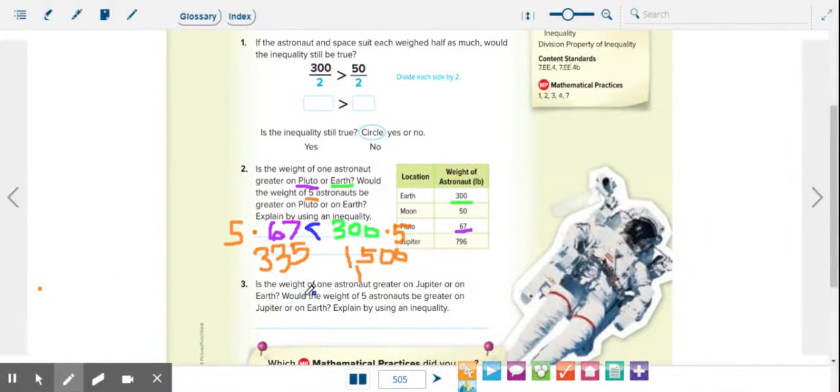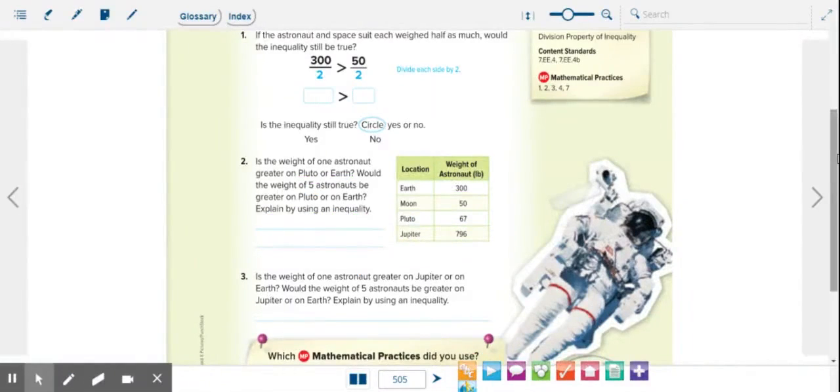Now we need to compare the two numbers. 335 is less than 1,500. As you can see, even though we multiplied both sides by 5, the inequality remains the same. The number on the left is still less than the number on the right.